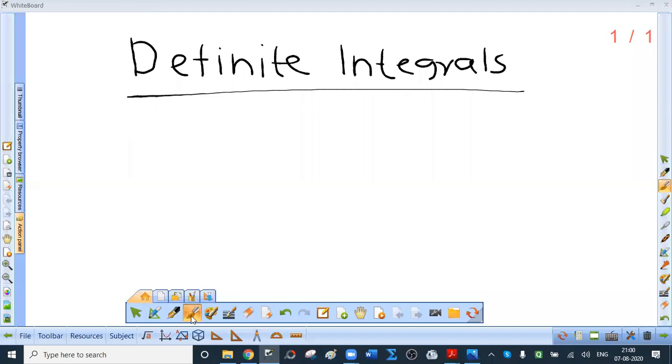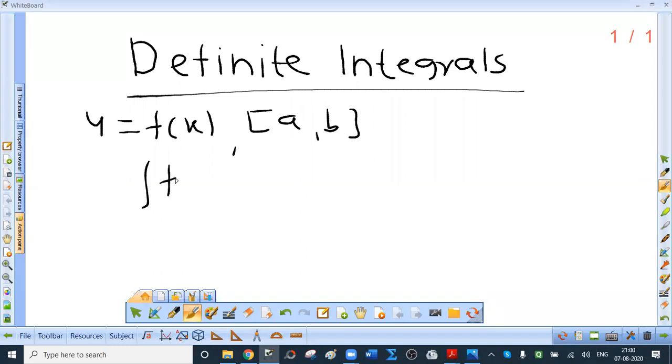Let me explain. Suppose the function y equal to f of x is continuous on the closed interval [a, b], and suppose integral f of x dx is phi of x plus c.